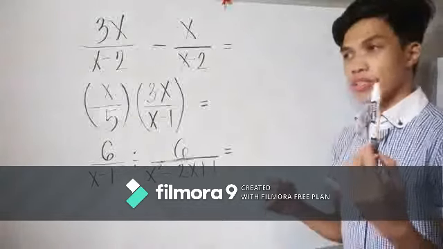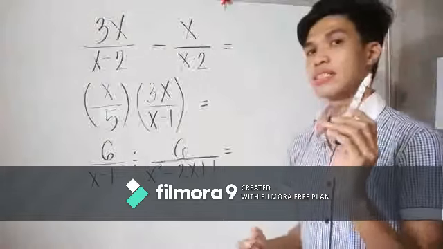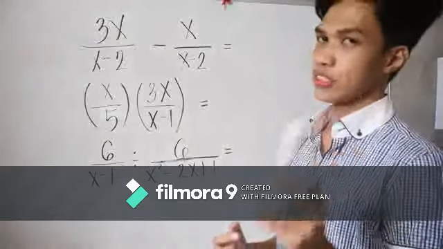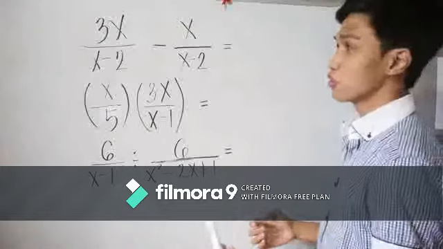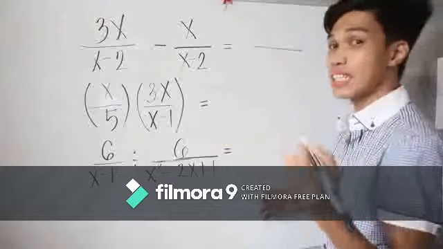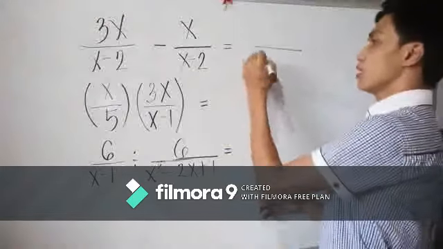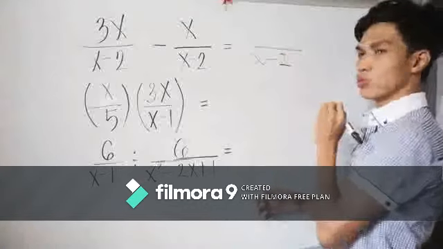If we have the same denominator, we call that similar fractions. If we add or subtract similar fractions, the first step is very easy. We just need to copy the denominator, so that will be x minus 2.